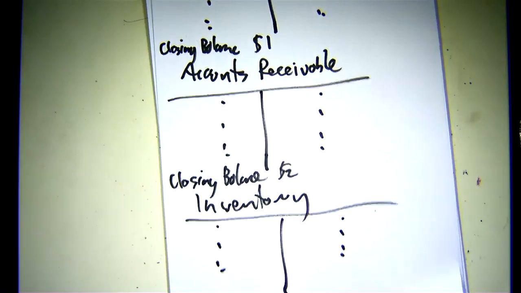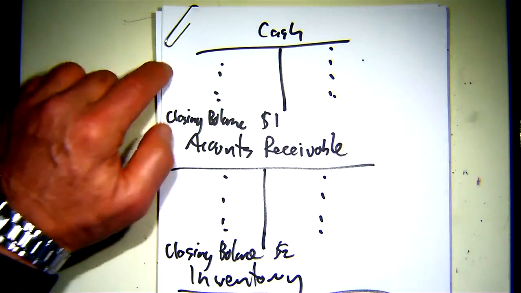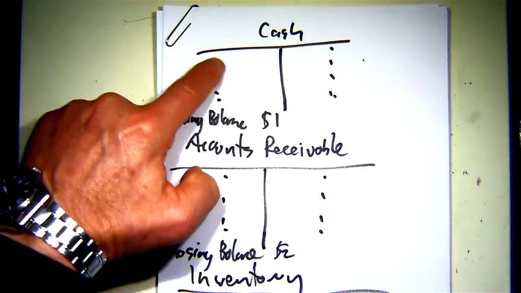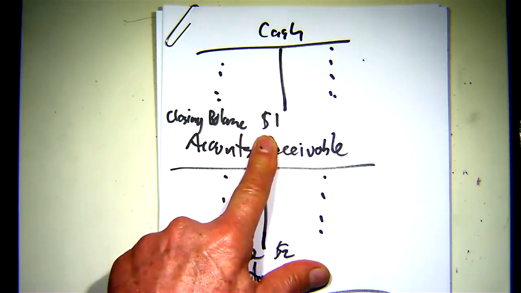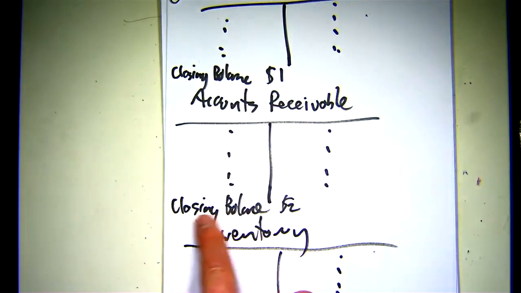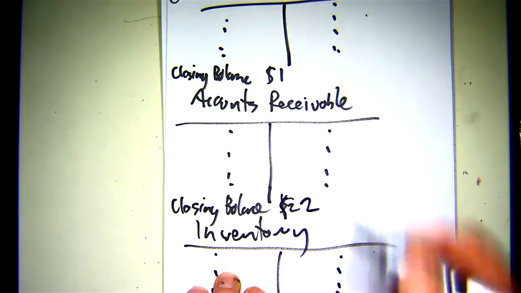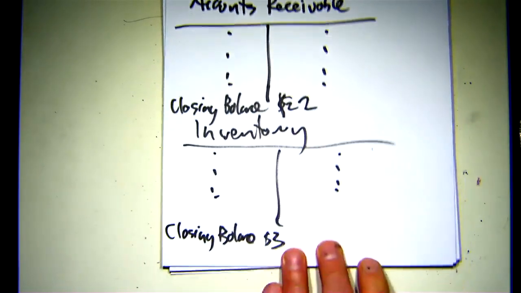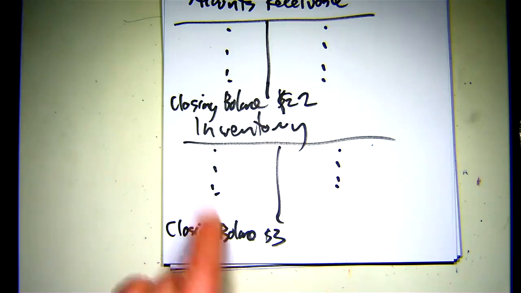So this is the T ledger for cash, and I'm posting all my journal entries here, the debits and the credits. And in this case, I've got a closing balance of $1. And accounts receivable, I do the same thing. I have a closing balance. That's hard to read. I've called it $2. And inventory, I've done the same thing. I posted all the debits and credits, and I've got a closing balance of $3.